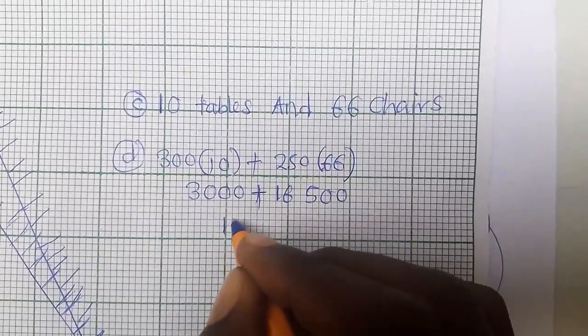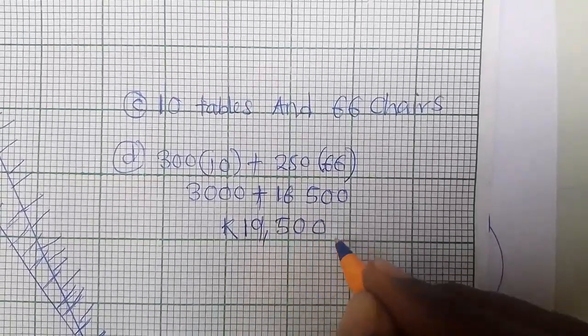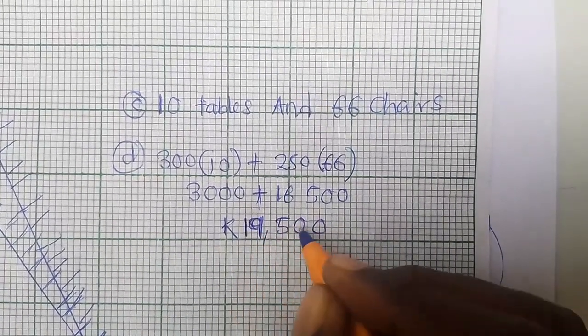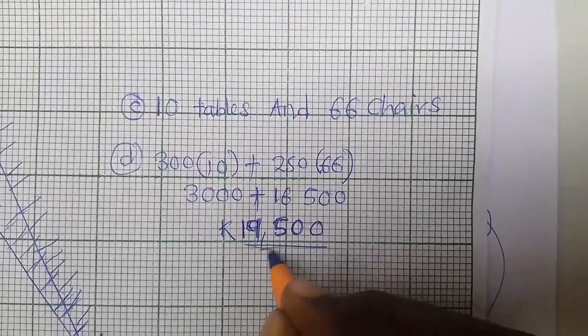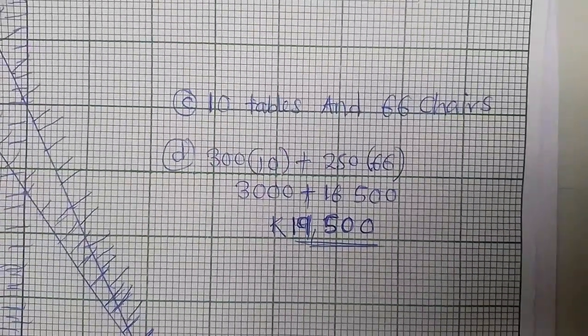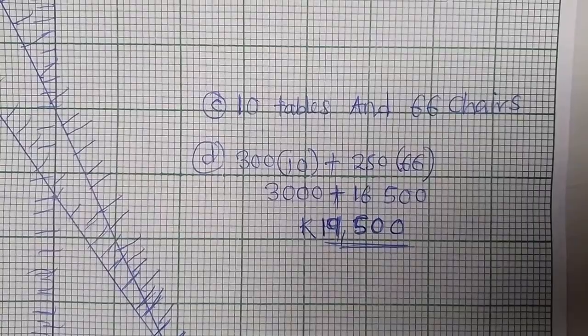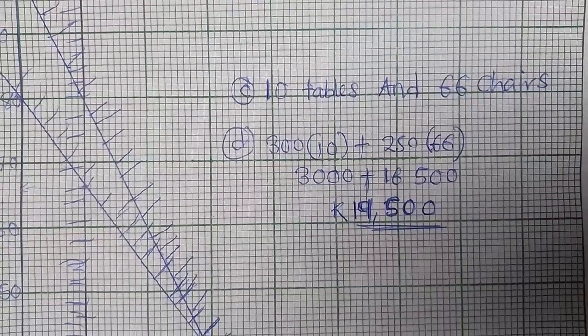When we add, 19,500, like this. So this is the estimate of the maximum profit. This is how you need to answer it. This is your question. With all these calculations we've done, they will give you 12 marks.